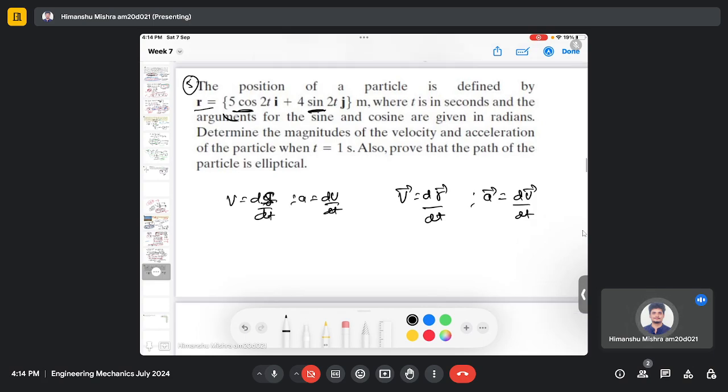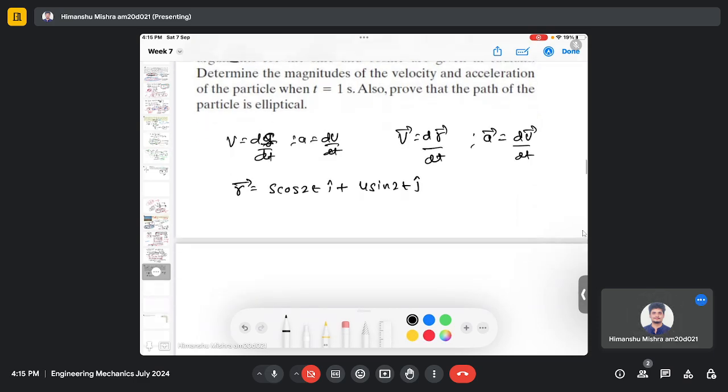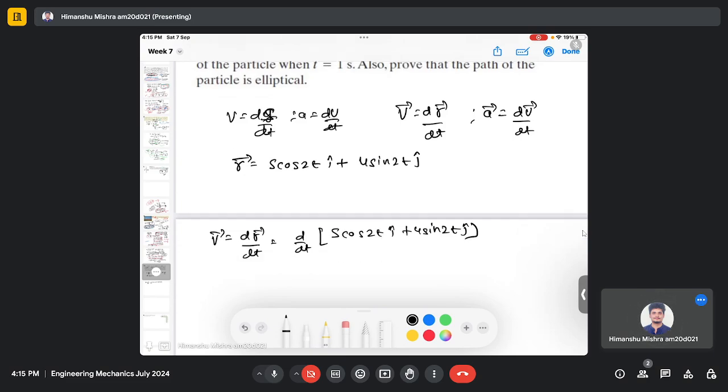So how to find the velocity then? You have been given the position vector, which is 5 cos 2t in the x component, and 4 sine 2t in the y component. So the velocity vector can be given as the rate of change of the position vector, which is basically differentiating this position vector, 5 cos 2t i plus 4 sine 2t j, with respect to time.